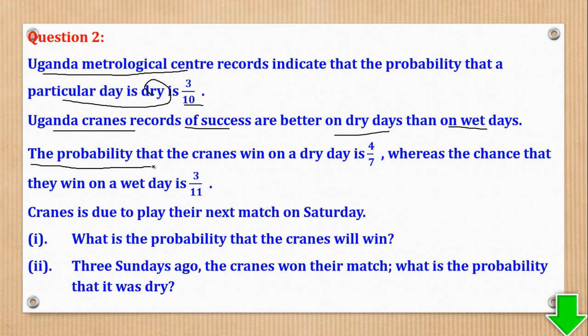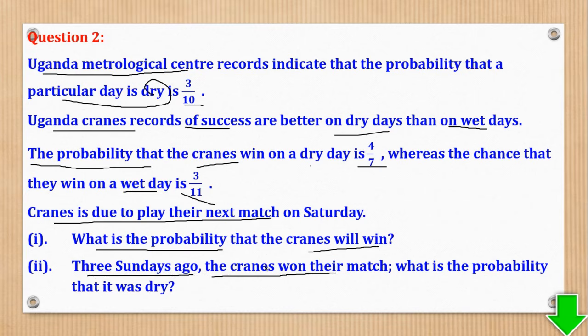The probability that the Cranes win on a dry day is 4/7, whereas the chance that they win on a wet day is 3/11. Cranes are due to play their next match on Saturday. Roman 1, what is the probability that the Cranes will win? Then Roman 2, 3 Sundays ago, the Cranes won their match. What is the probability that it was dry?